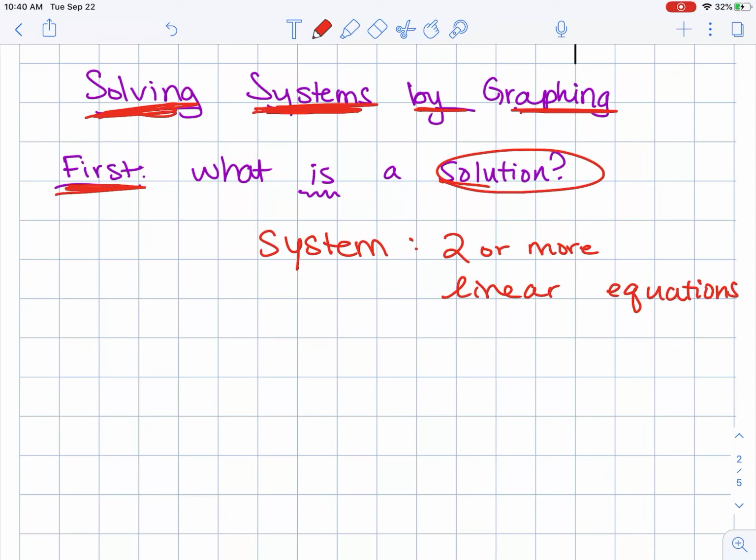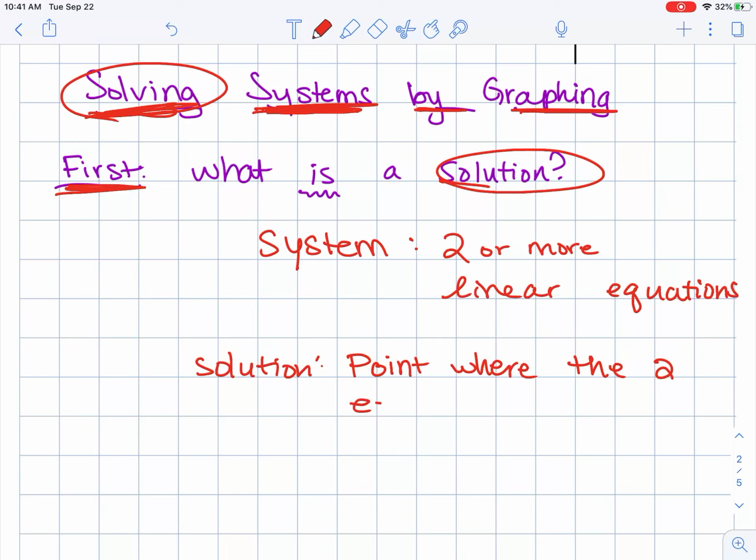Okay, so they're going to give you more than one for sure. And secondly, a solution or solving it is the point where the two equations intersect.